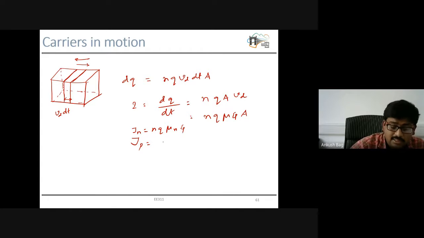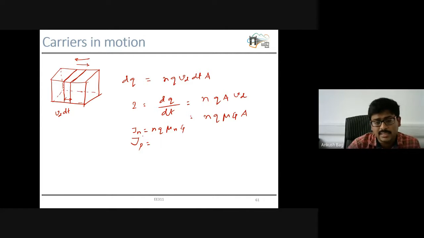In the case of a semiconductor, to find the conductivity, we need to understand both carrier behaviors. That means we need to count the total number of carriers, both electrons and holes, and also their mobility or velocity.